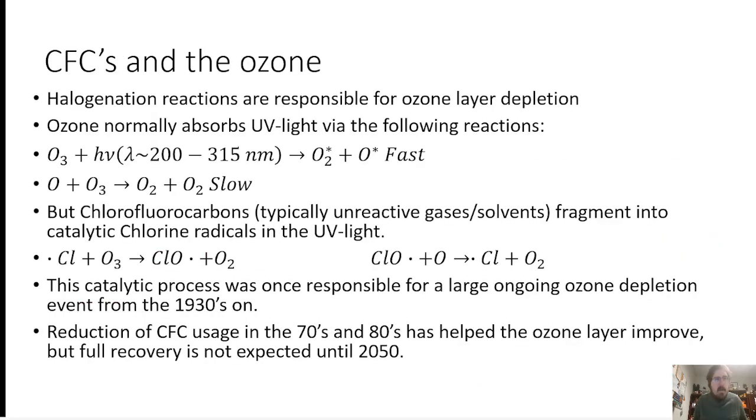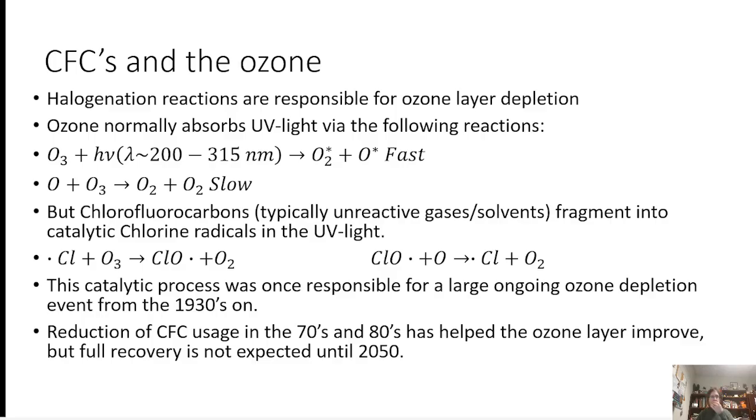Other examples of radical reactions are chlorofluorocarbons and their effect on the ozone. I'm currently talking about these with my environmental class. The idea is that halogenation is one of the common reasons for ozone layer depletion, the ozone hole that we are still repairing.